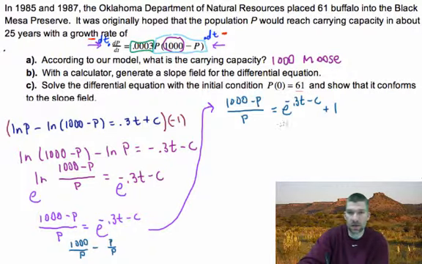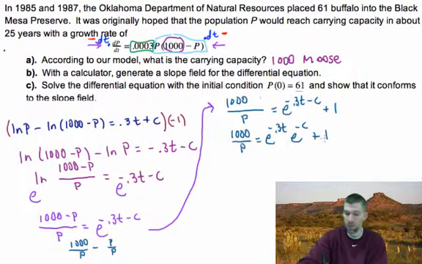So that I can also say that as this. Still 1,000 over p, whoops, not 10,000 minus p. That's a whoops. That guy's gone. Still 1,000 over p equals e to the negative 0.3t times e to the negative c plus 1.